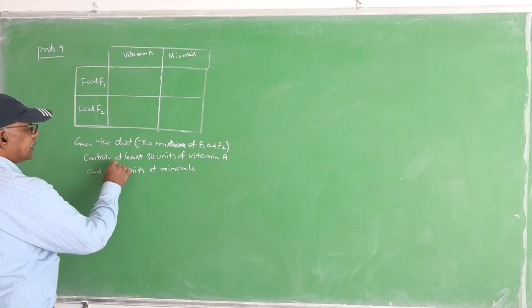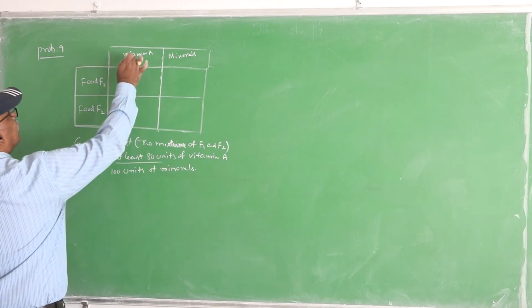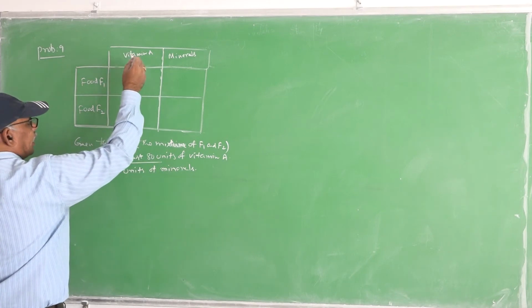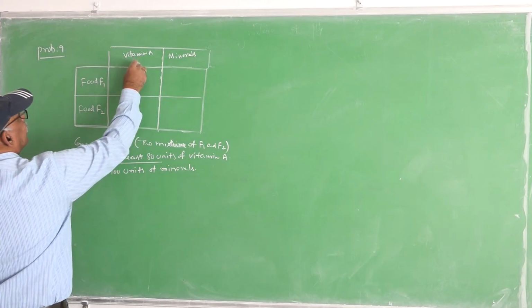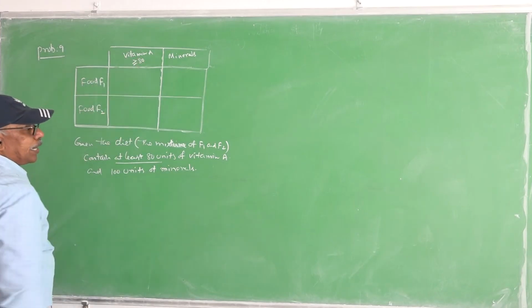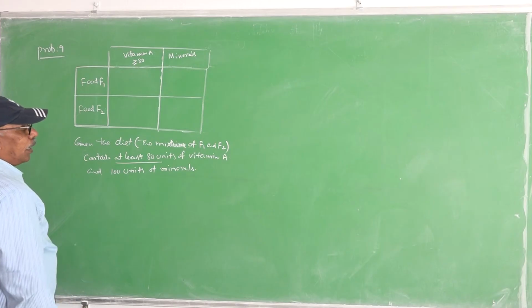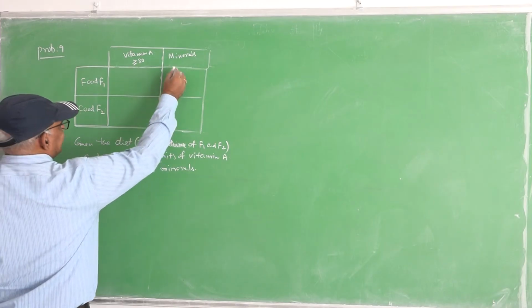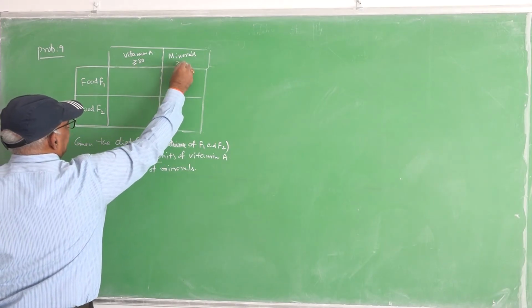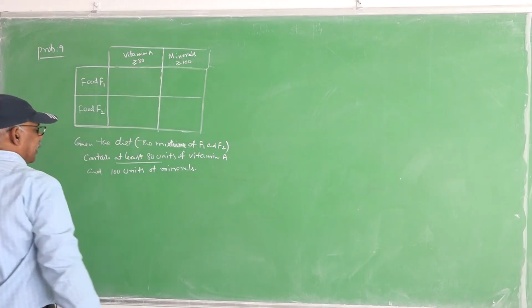This is the given data. That means the minimum amount of vitamin A in each diet is 80 units, and the minerals must be at least 100 units.